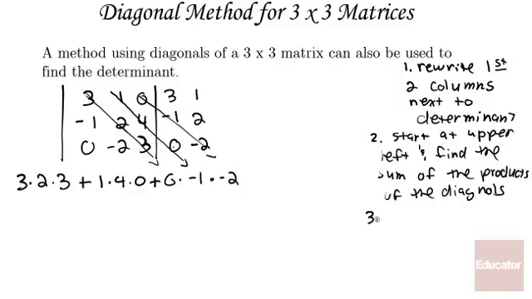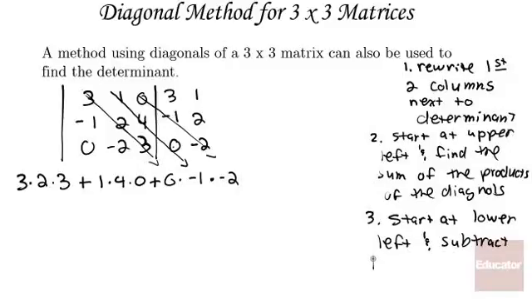Then you start at the lower left and you find the products of those diagonals and subtract those.